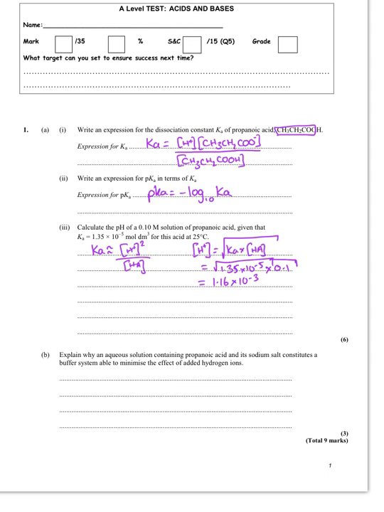That's the hydrogen ion concentration. So now to find out the pH, we put it into our usual pH equals minus log to the base 10 of the hydrogen ion concentration. And that should give you a pH of 2.93. Make sure all pH values, unless otherwise stated, are written to 2 decimal places.